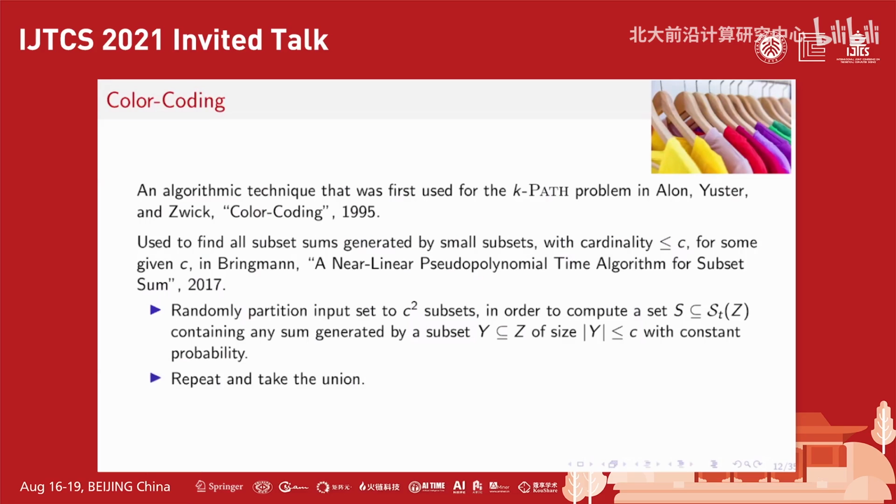If we repeat this enough times, we can hopefully, and by hopefully I mean with good probability, split any random subset of cardinality at most C, hence producing its subset sum at the output of the algorithm.